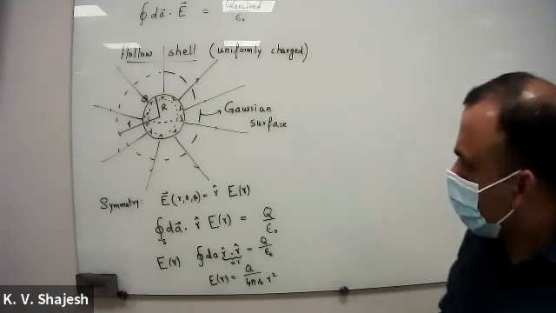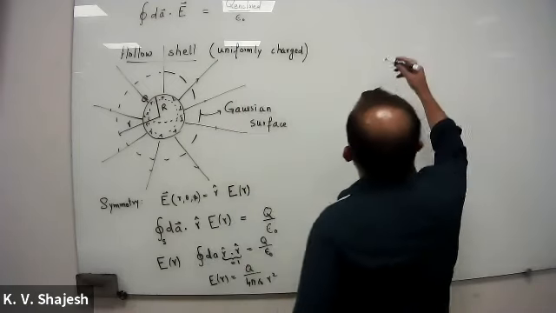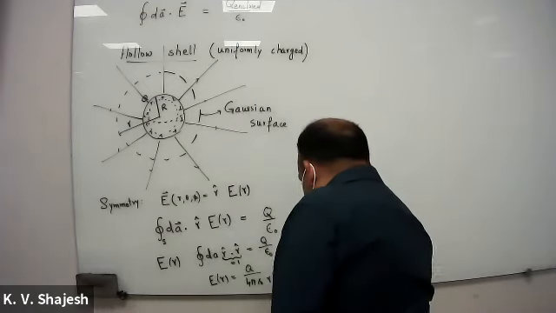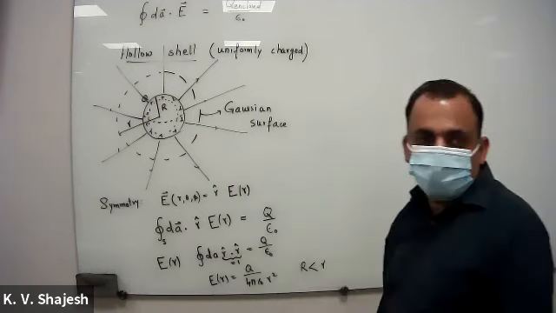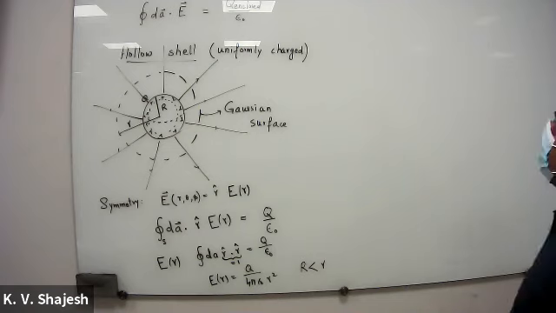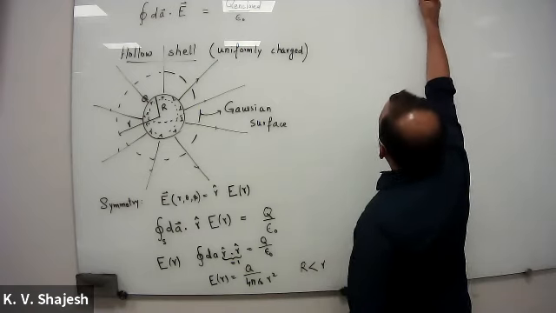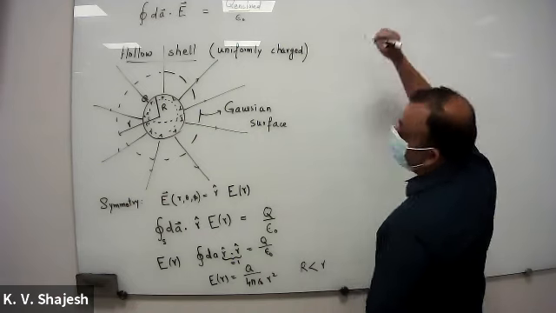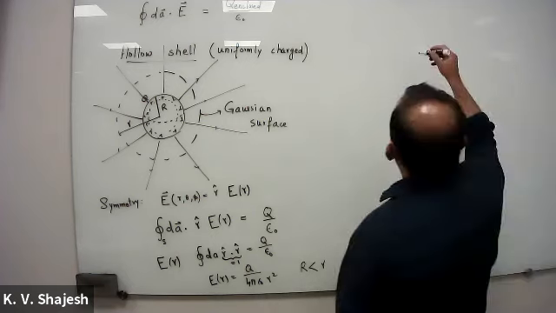Okay, that's good enough. But what about the electric field inside? So this is for capital R being less than small r. What if the observation point was inside the surface of the hollow shell?